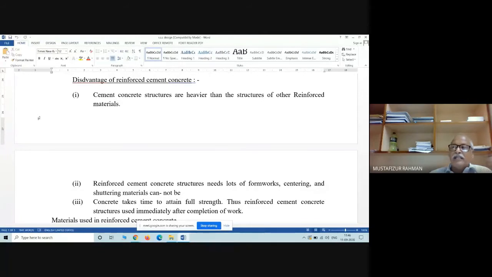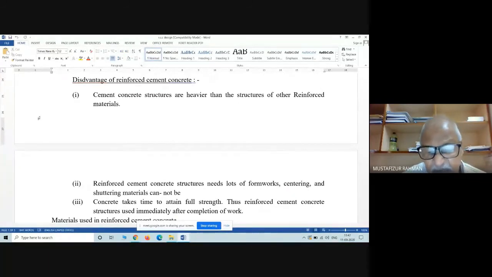Even for self-resistance of the structure, we require larger sizes. But if you construct, say, a timber structure, the self-weight of timber is less. Concrete is heavy, and that is the biggest disadvantage.